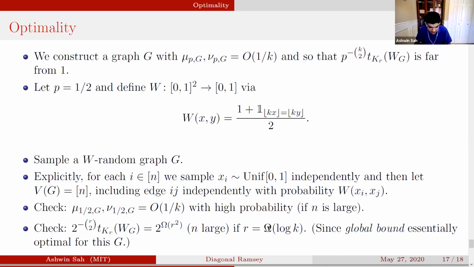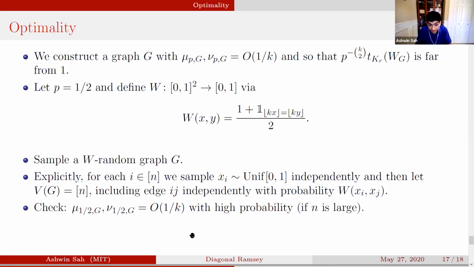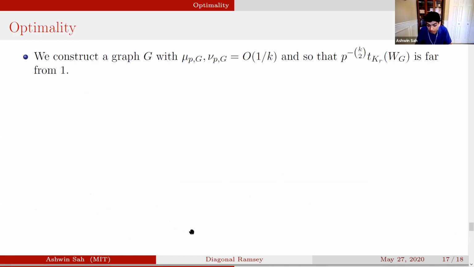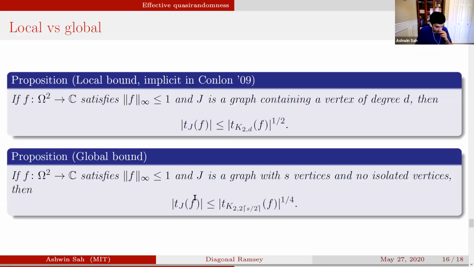It's not too hard an exercise with these graph densities, but the reason is basically because the global bound that we had earlier is basically optimal for this G, and therefore this value of f. Maybe I'll just say f here is going to be like k different squares of size 1 over k by 1 over k.